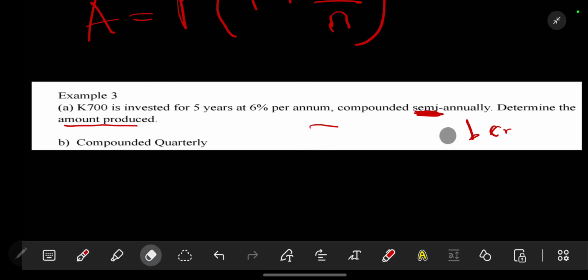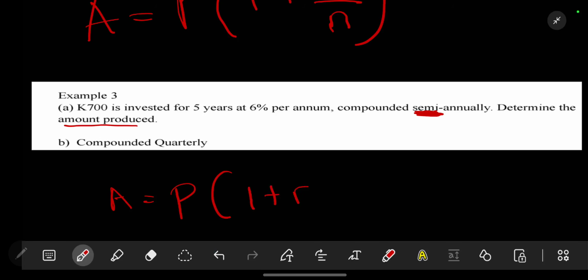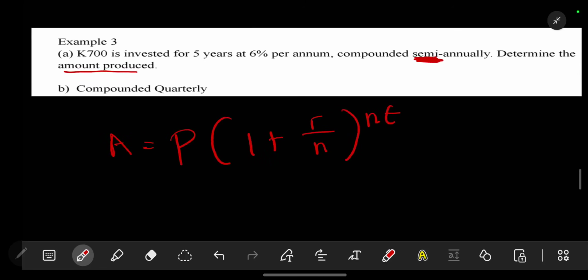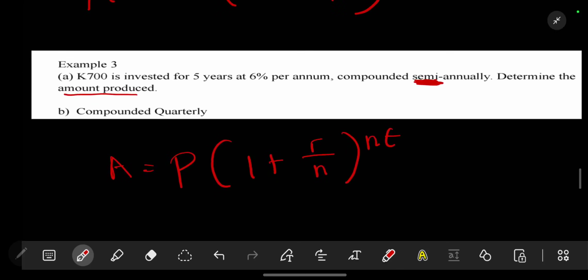So we are going to say our A should be equal to the principal times 1 plus our R over N, to the power of NT. Okay, we are calculating, determine the amount produced.